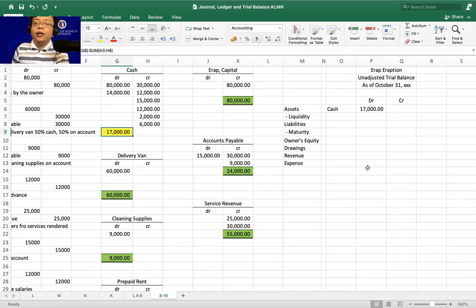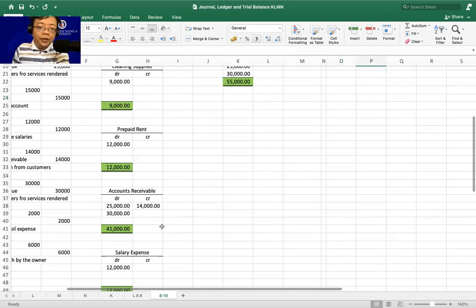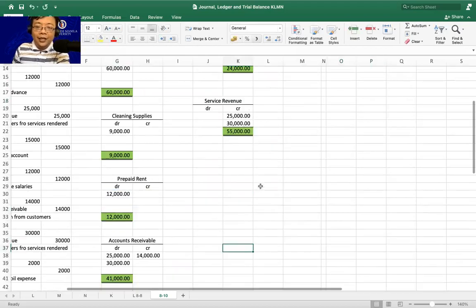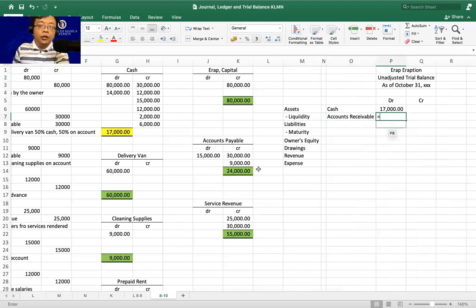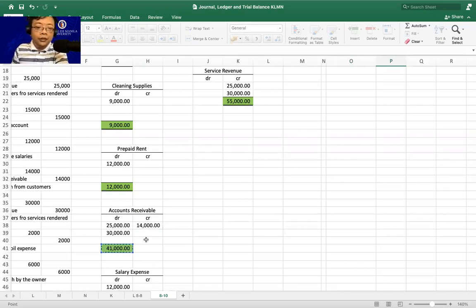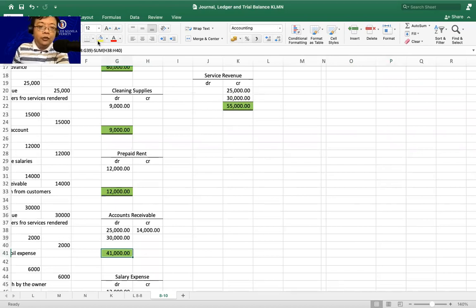Followed by, of course, accounts receivable of 41,000. Hopefully we are balanced. So I will put yellow here, so we are finished with the accounts receivable.